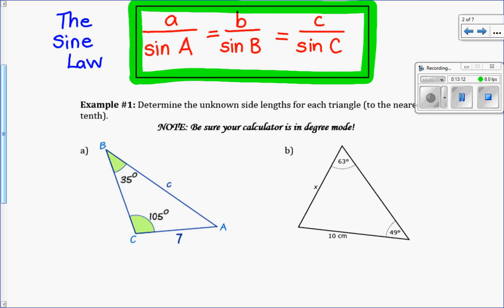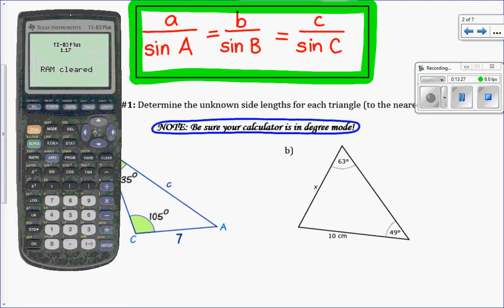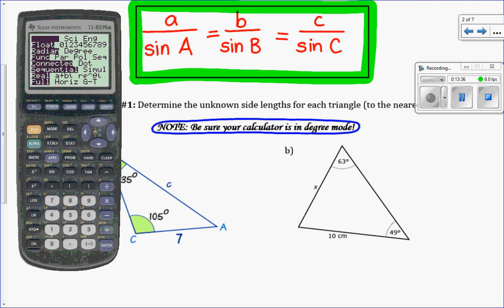And it also says whenever you're dealing with degrees and trying to figure out angle measures, you need to make sure your calculator is in degree mode. And what I mean by that is, here's our calculator. When you go into, see this button right beside the second, the yellow second key says mode? Click on that.